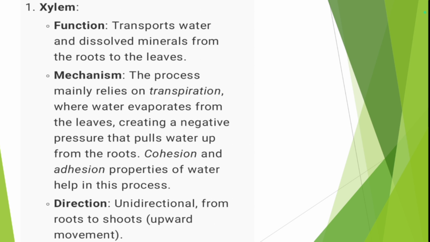Now, what is the mechanism of xylem? Means how the xylem pipe pulls this water and these minerals. Actually, when the process of transpiration is performed, now what is transpiration? That is a process in which the plant loses excess water, which is absorbed by it, through leaves.